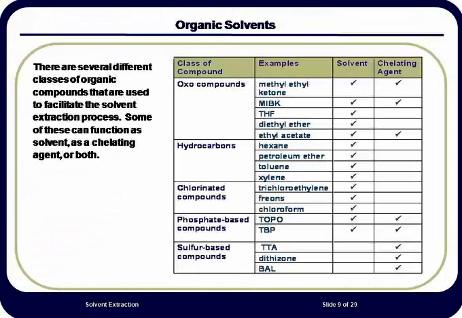The table on this slide identifies various organic solvents based on their elemental characteristics. Some solvents are also chelating agents as noted on the chart.